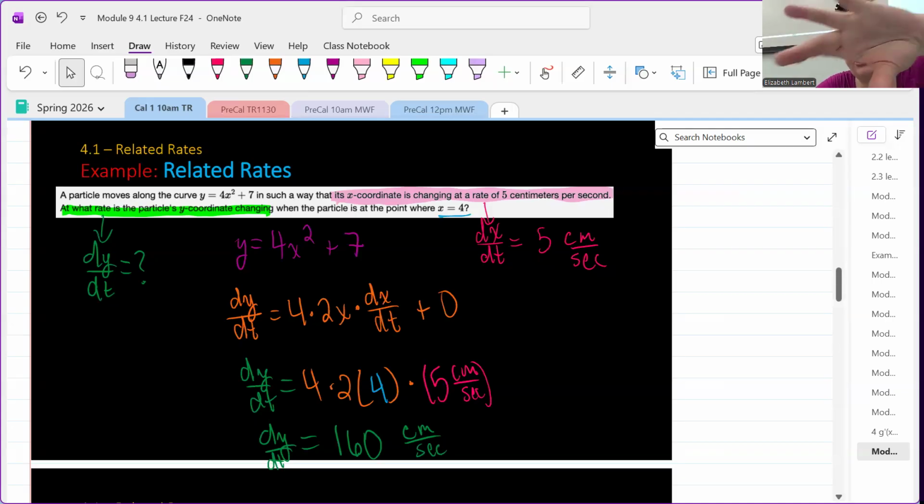So questions on how we translated from the words into the given notation, the derivative, substituting, anything at all?